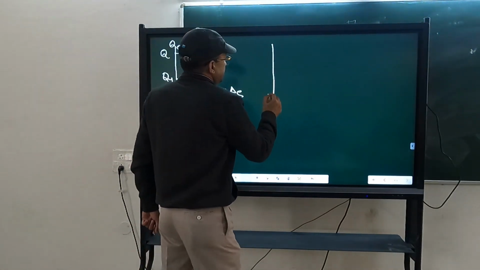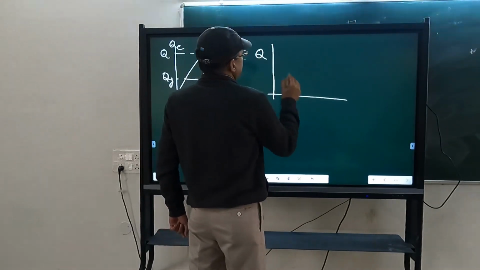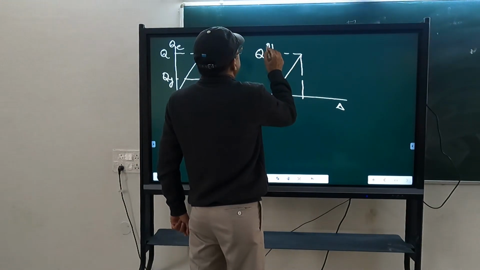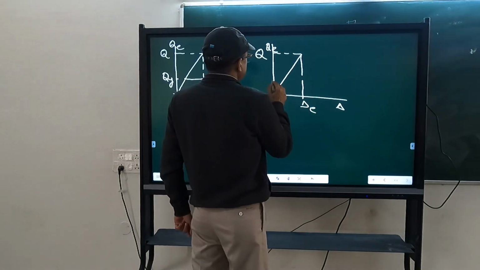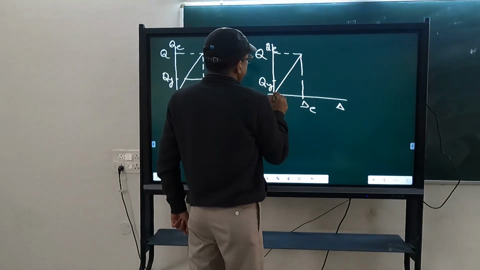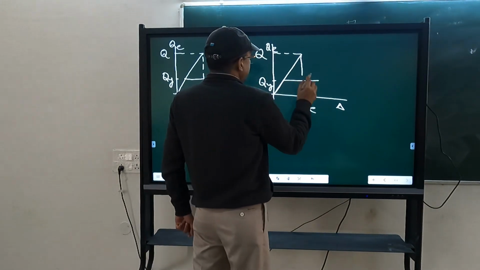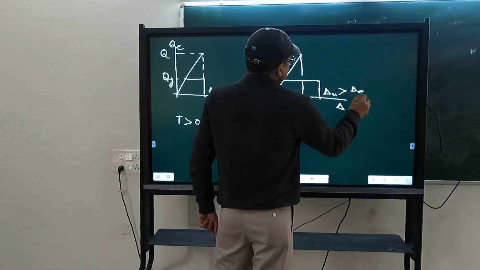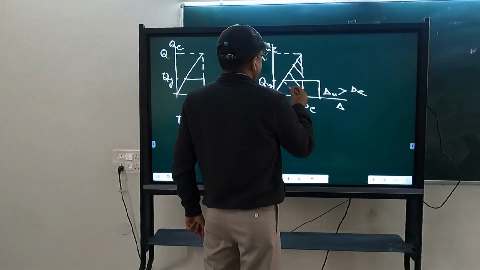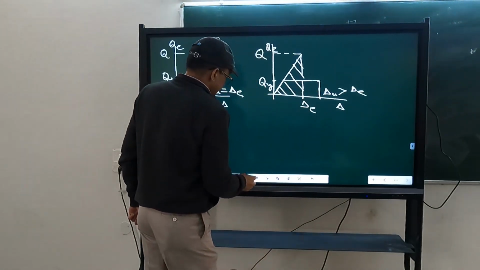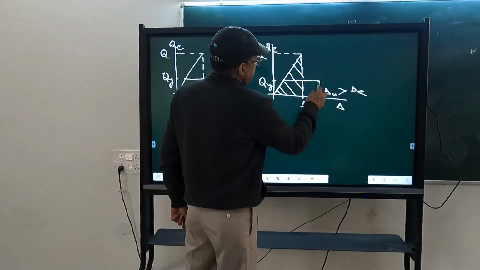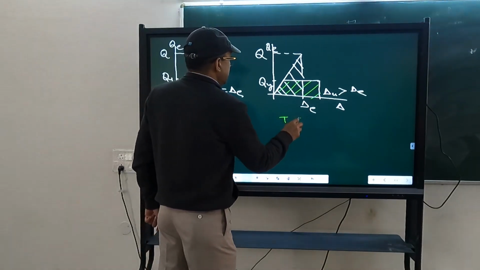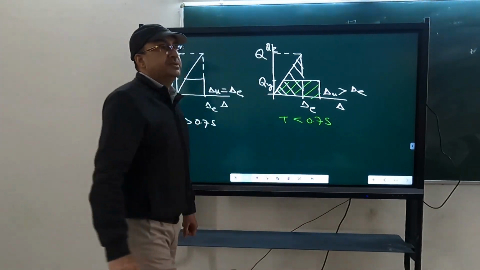For a short period structure, Q versus delta, this is the elastic structure, QE versus delta E. For an inelastic structure, it will behave like this. The displacement here, this delta U, is greater than delta E, and this area is equal to this area. We call it the equal energy principle. T less than 0.7 seconds.